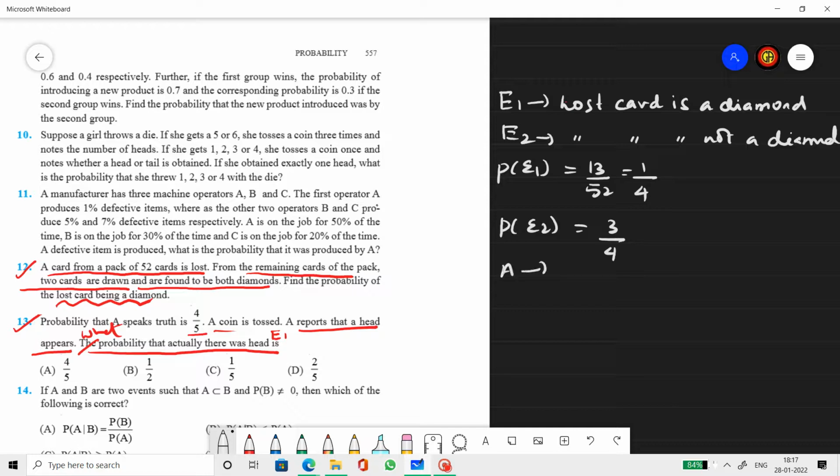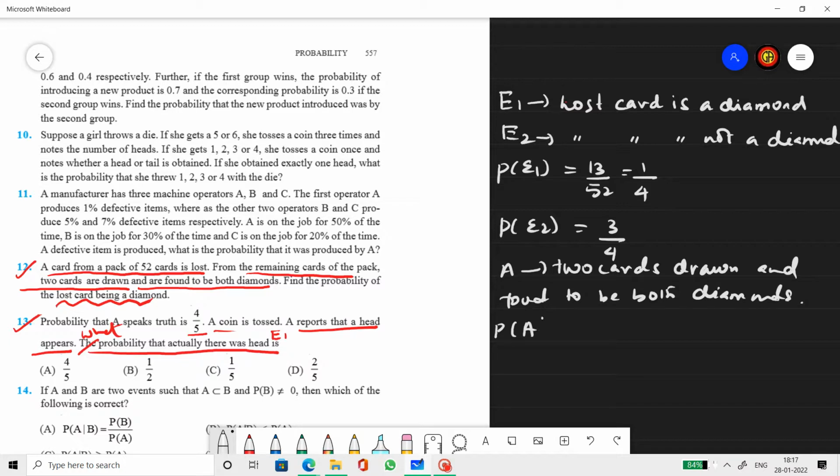A, 2 cards drawn and found to be both diamonds. So P of A given E1 is, the lost card is a diamond, and then you take 2 cards which is also a diamond.